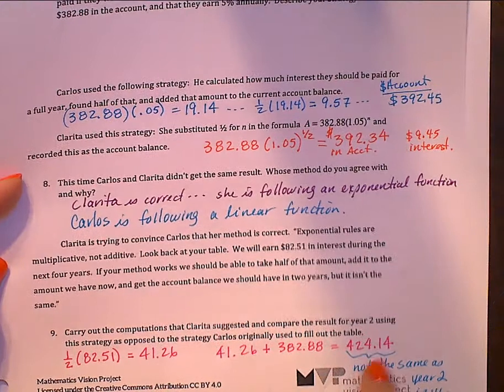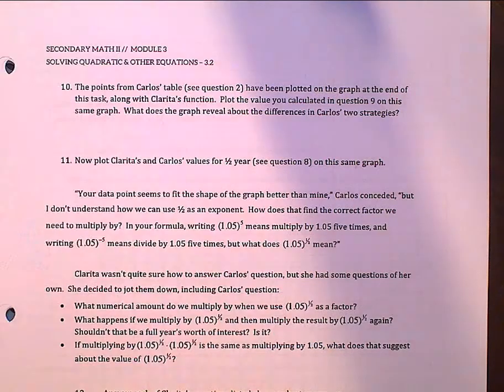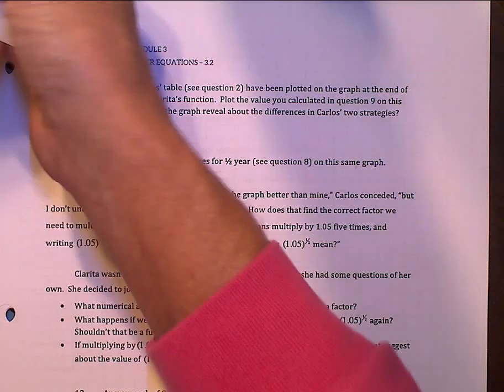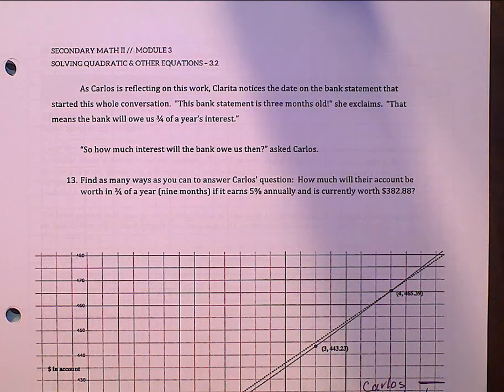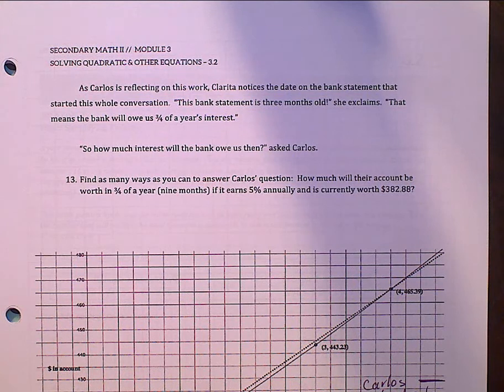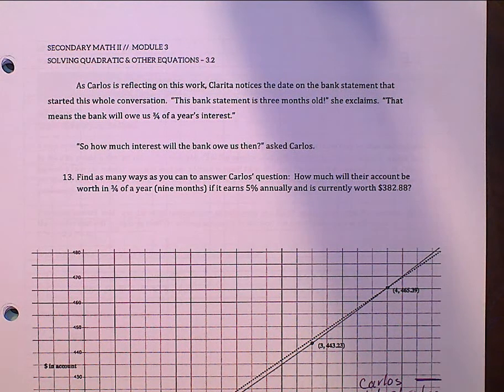Question 9 is 424.14. So we're going to put that on the graph. $424. Oh, it's right there. It's on the linear one, which we know was the wrong one.